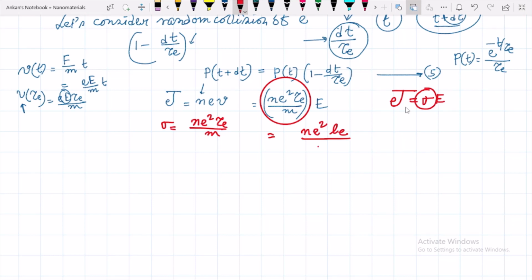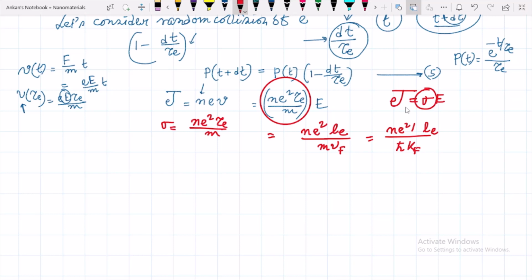Now again, m V_F means P_F, and P_F means h-bar k_F. Okay, some step jumps I have used. So this is equal to this into L_E.